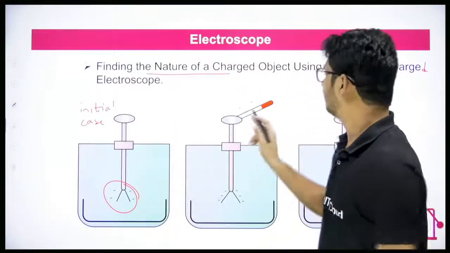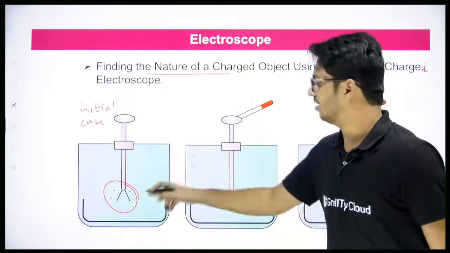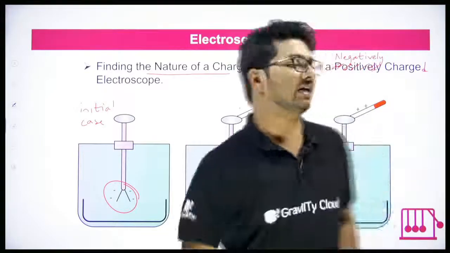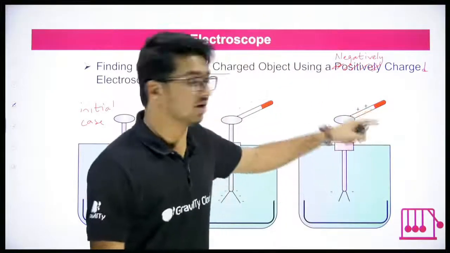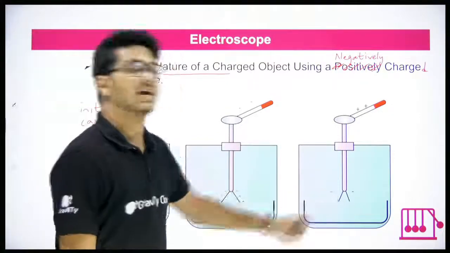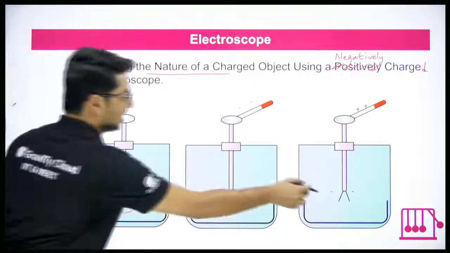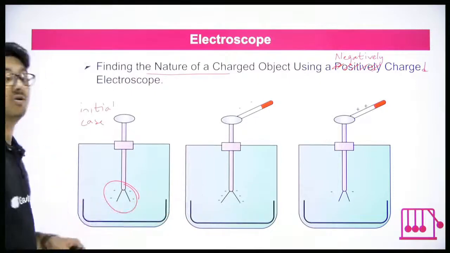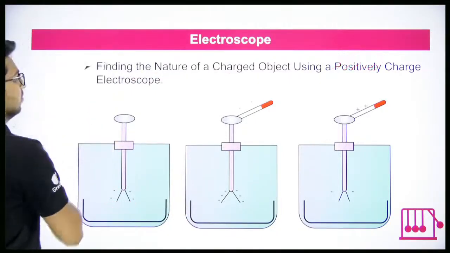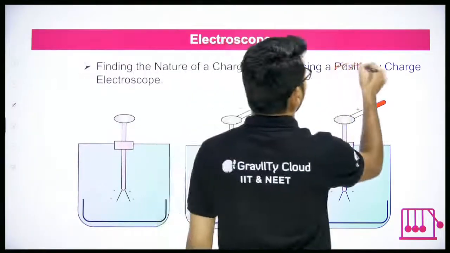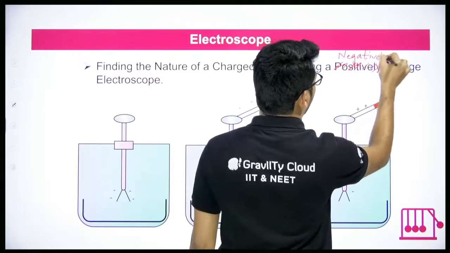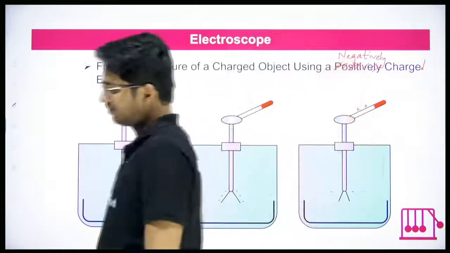If you touch it with a negatively charged rod, negative charge increases, they repel more. But if you touch it with a positively charged rod, negative charge decreases, they come closer. Compared with the initial case, here they come closer, there they go far away. Understood? Okay, wonderful.